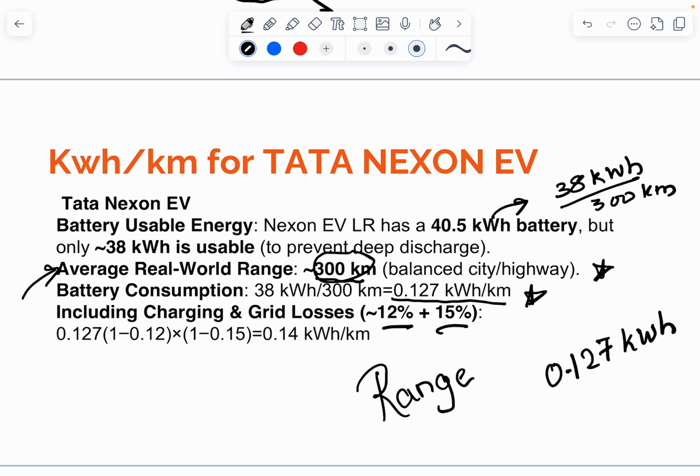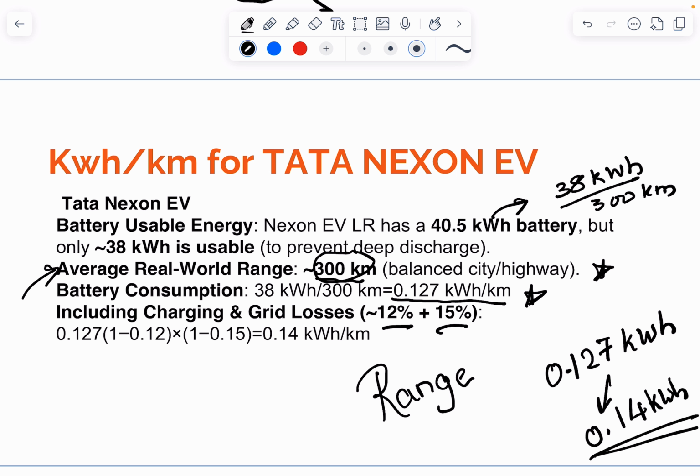I get this converted to a slightly higher figure. So it's not 0.127 kWh which is required per kilometer. It would be slightly more considering the losses, and that slightly more figure in my case comes out to be around 0.14 kWh every kilometer of travel.